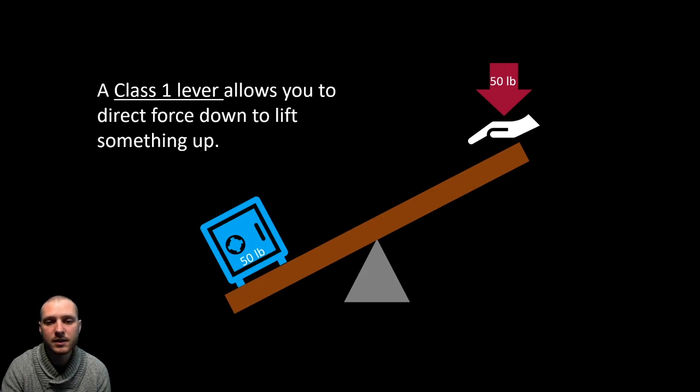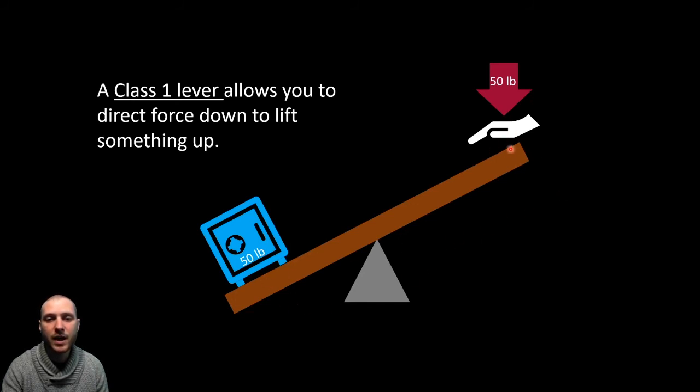And the way this works is with something called a class 1 lever, you're able to direct force down to lift something up. When you try to lift that shape up from the ground normally, we're working against gravity as well, and that's going to make things tough. Whereas with the lever, you can see here, we're now able to push down so we can work with gravity to lift something up.